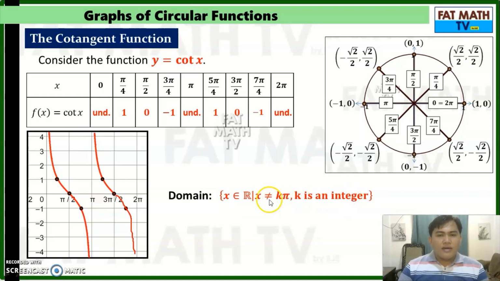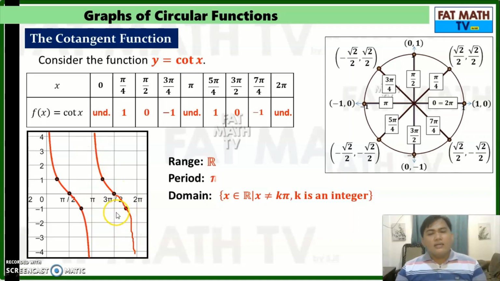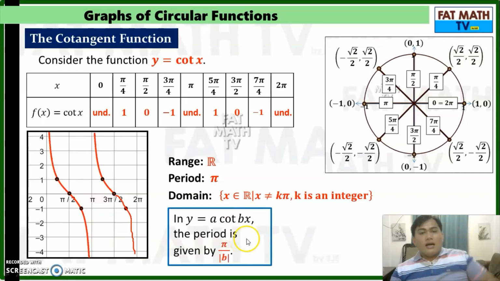This is how you write it. For the range, still the set of all real numbers, from negative infinity to infinity. And for the period, as you can see, that's also pi. From 0 to pi, that's one cycle. From pi to 2 pi, another cycle. So that's pi.